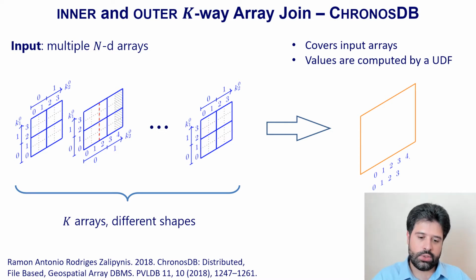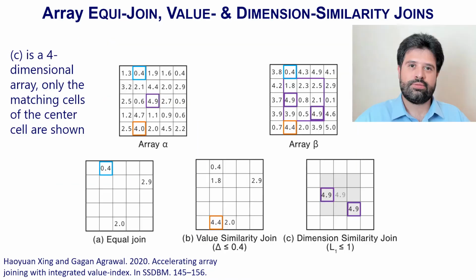So this user-defined function takes as input the values of spatially collocated cells of all input arrays. Inner and outer join types differ in a way how no data values are treated. We will cover in depth this join technique during the in situ techniques part of this tutorial.